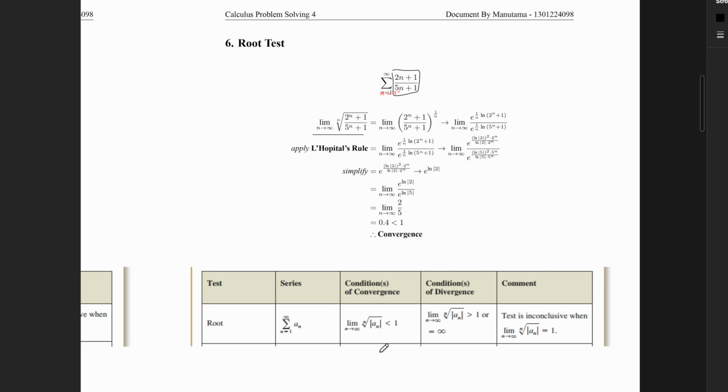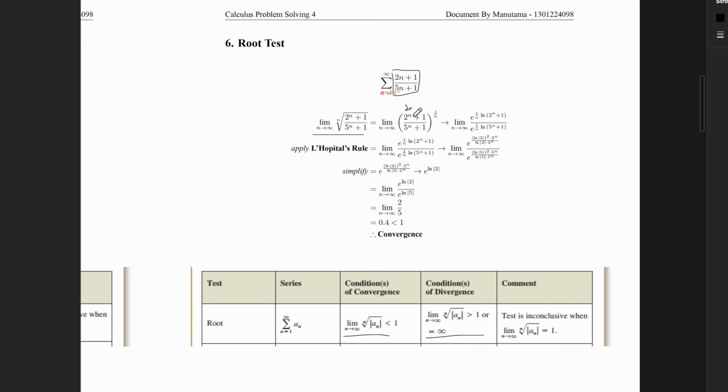And this is the condition for whether it's convergent or divergent. So let's start. We take the nth root with n going to infinity. Basically, in power form, it's a_n to the power of 1 over n.